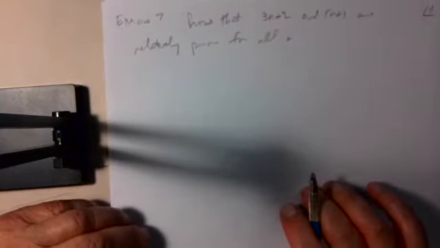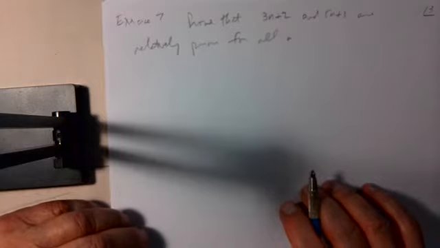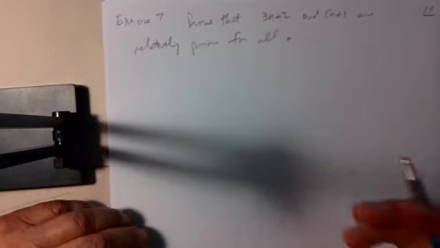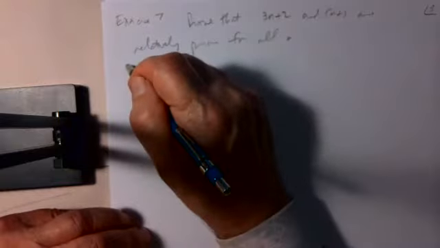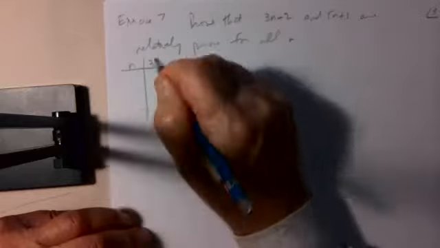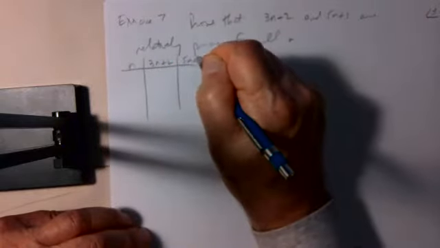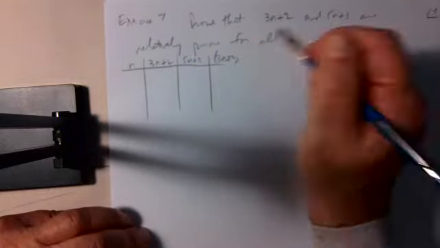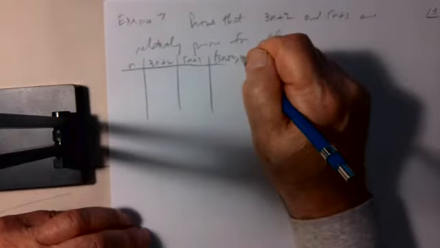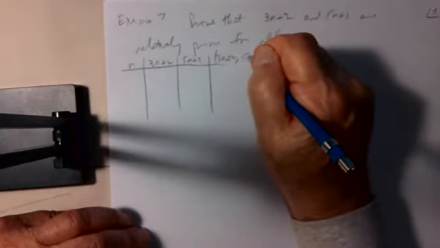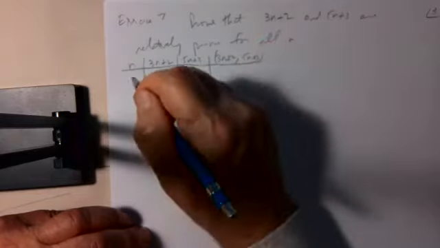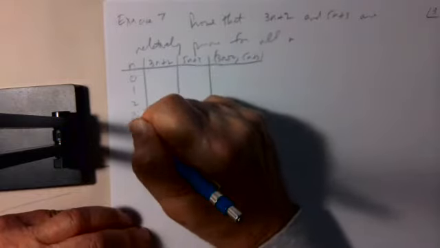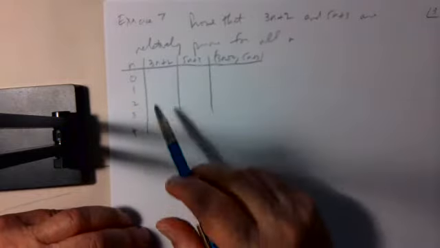So it's always good to do some experiments. Let's just make a table: n, 3n plus 2, 5n plus 3, and the greatest common divisor of 3n plus 2 and 5n plus 3. Let's look at the first 5 cases.